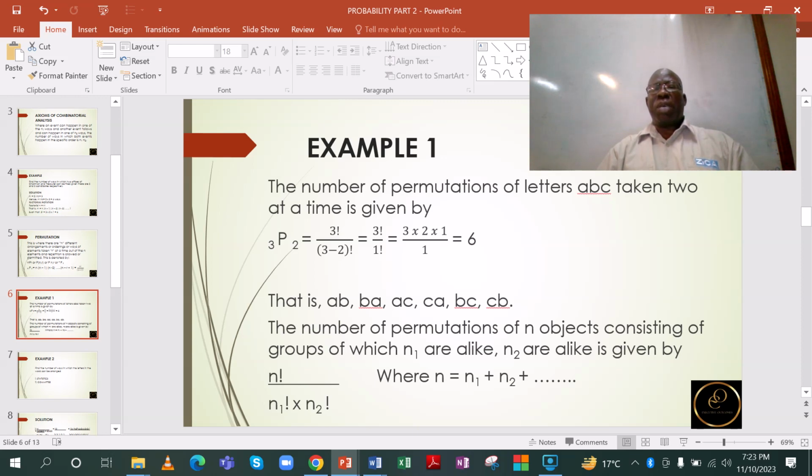So what do we mean by repetition is allowed? Let's look at this. These letters A, B, C can be arranged taken 2 at a time. So it can be A, B, or B, A, or we can have A, C, and C, A. We can have B, C, and C, B. So what is this we're calling the repetition?